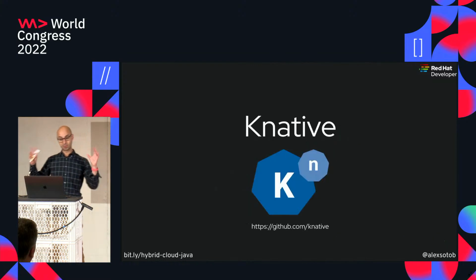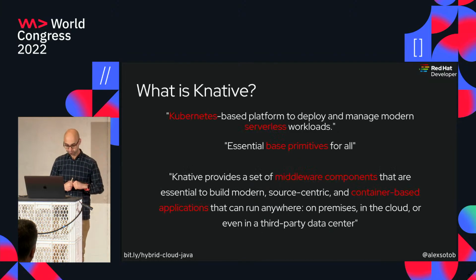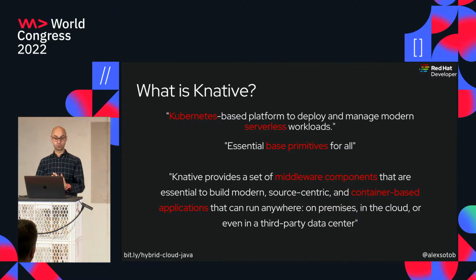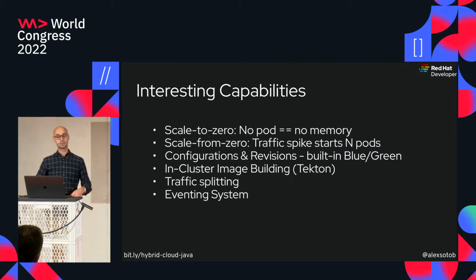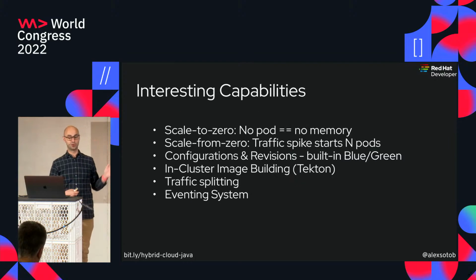Basically, in Kubernetes, we've got Knative to run our workloads in serverless mode. Knative helps us to deploy Kubernetes workloads in a serverless way, which means that we can scale to 0. Basically, if we are not getting any traffic, we can scale the application to 0.